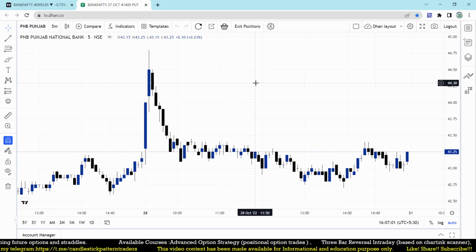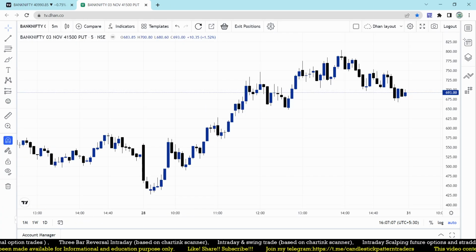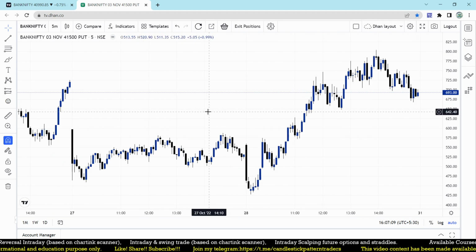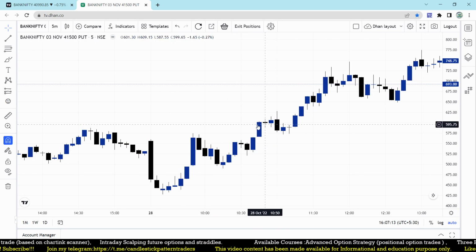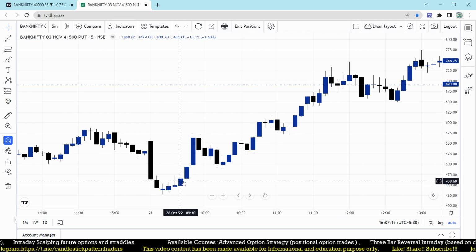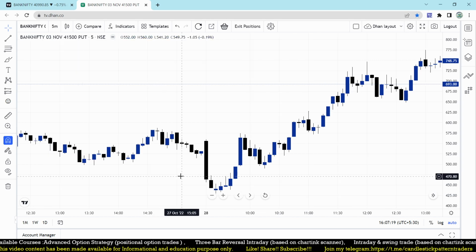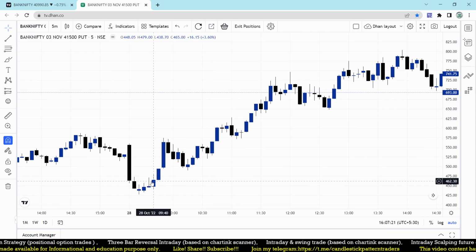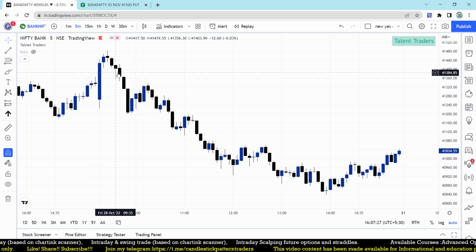We try the Bank Nifty 41,500 put option on 3rd November expiry. Let me focus on a 5 minutes time frame after market open. So is there any opportunity which we can find? So 1 2 3, the same kind, not the exact pattern, which forms on the Bank Nifty options. It's about where it started, and our signal is generated around 9:35.